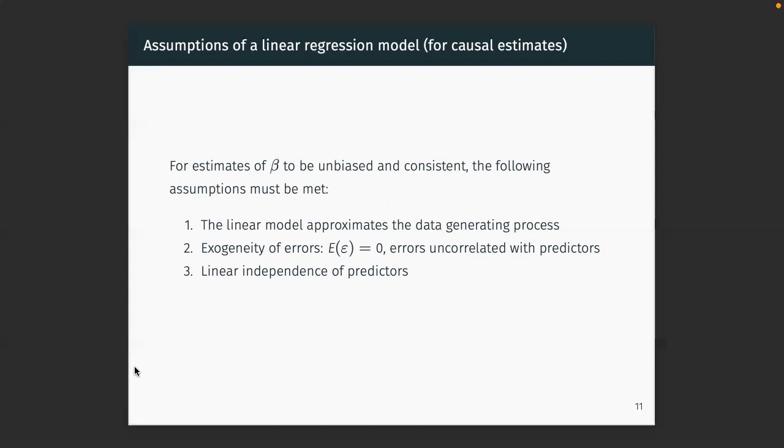If I don't have linear independence of my predictors, I do not have a valid causal estimate for either beta 2 or beta 1. Those predictors are correlated with each other. Because of that, I cannot interpret them as causal estimates. Effectively, what we're doing here is we have a system. The reason for this is I can't disentangle the effects.